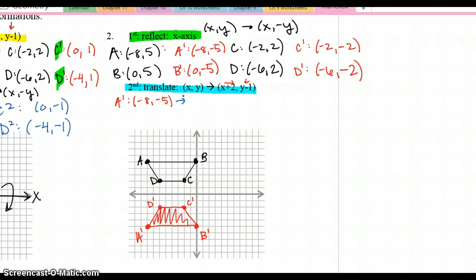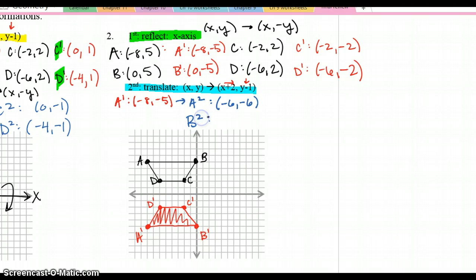That is what I'm going to shift, not the original image, but my red reflected image here. So from A prime to get to A2, I'm going to add 2 to my x, so negative 8 plus 2 is negative 6. Subtract 1 from my y. Negative 5 minus 1 is negative 6.